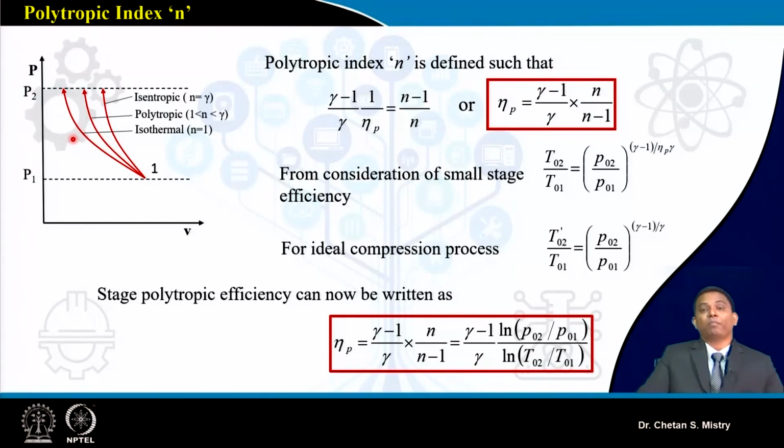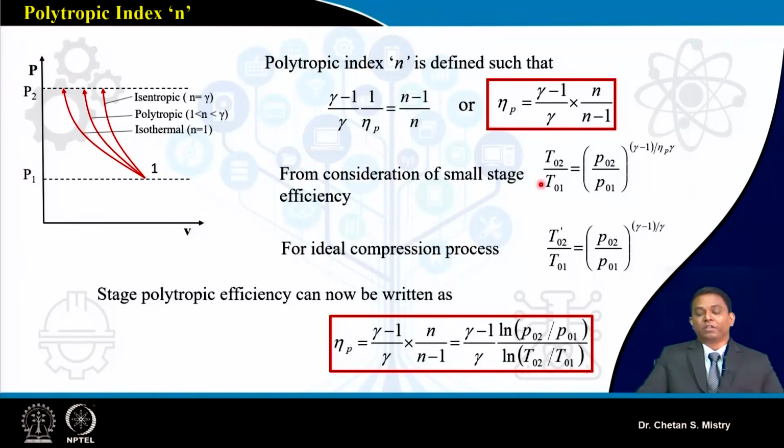But remember, here we are talking about a rotating device rotating at very high speed compared to a reciprocating compressor, and that's the reason achieving an isothermal compression process using this rotating device is not possible. We are moving towards a polytropic index. If my working fluid is somewhat different, I can represent my polytropic efficiency in this form: gamma minus 1 over gamma into n over n minus 1.